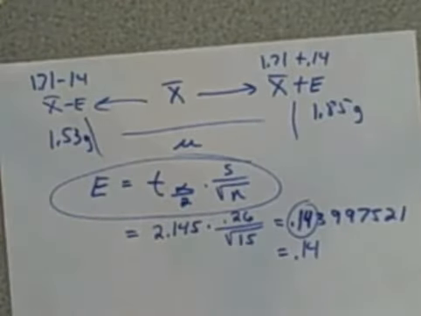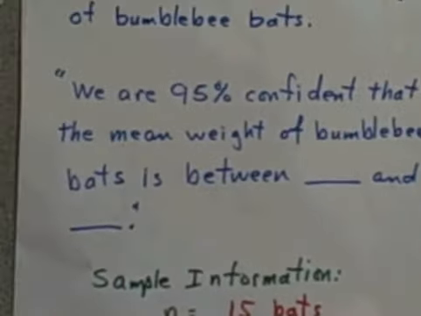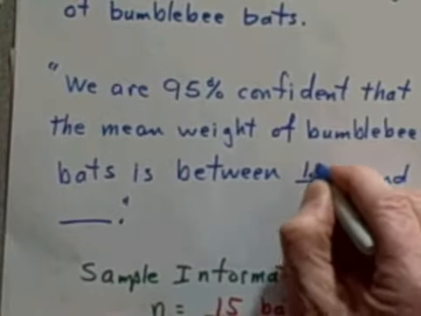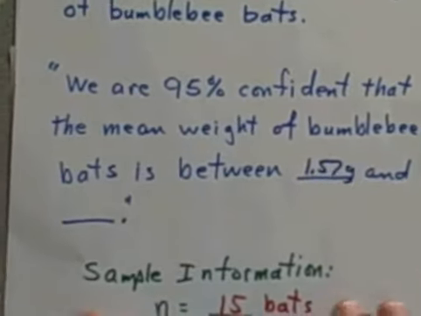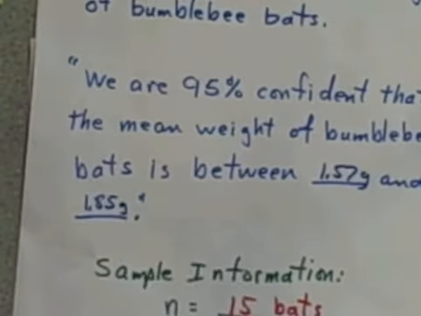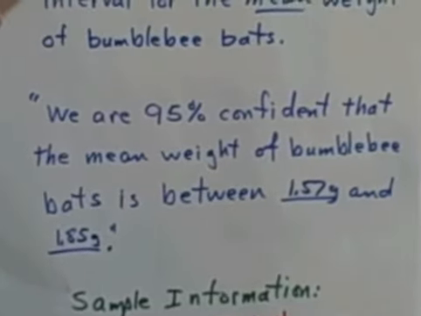So let's go back and complete our statement. We can say that we are 95% confident that the mean weight of bumblebee bats is between 1.57 grams and 1.85 grams. I like to state this just a little bit differently. There's an alternate way this can be stated.